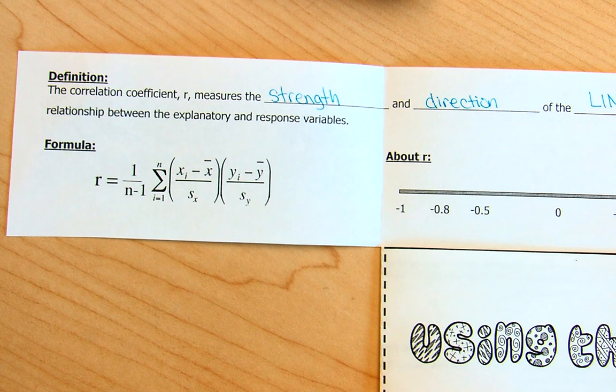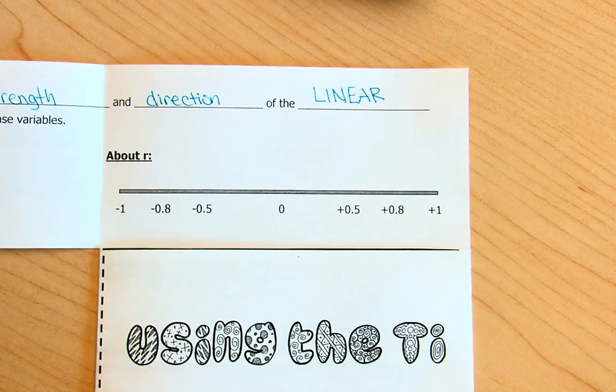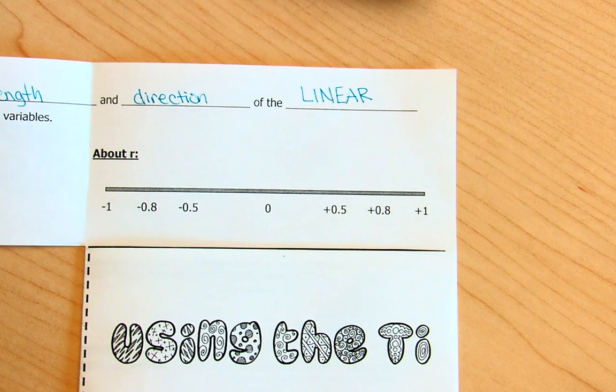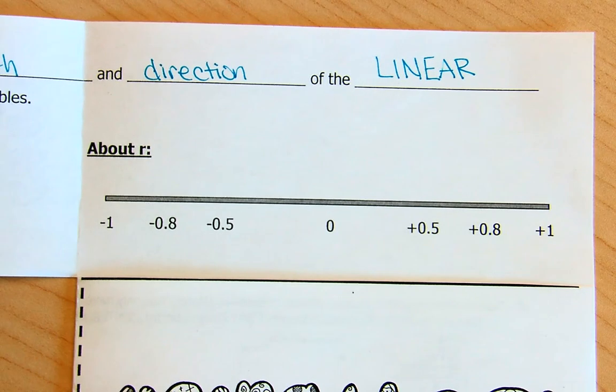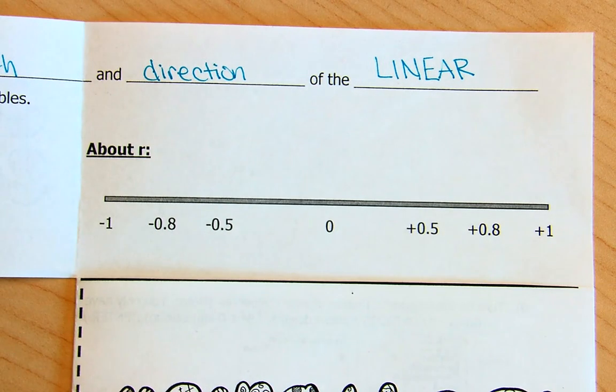As far as over here on this continuum, your values of R are going to range between -1 and +1. It can be any value in between there. You can get decimals, you can get the integers, those 3 integers. So this value gives us some information.